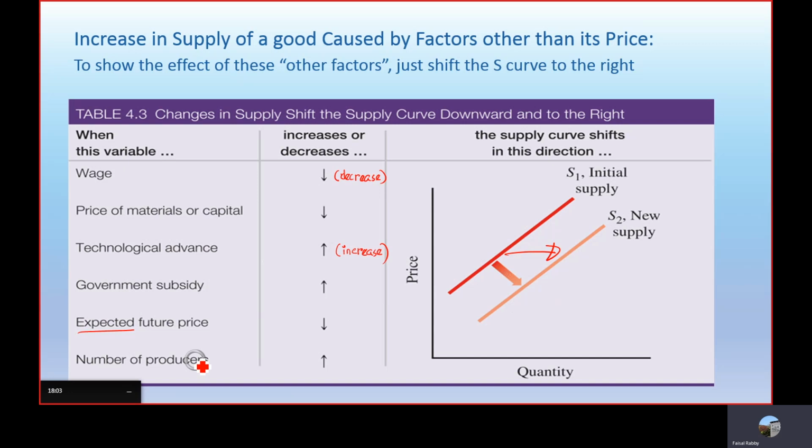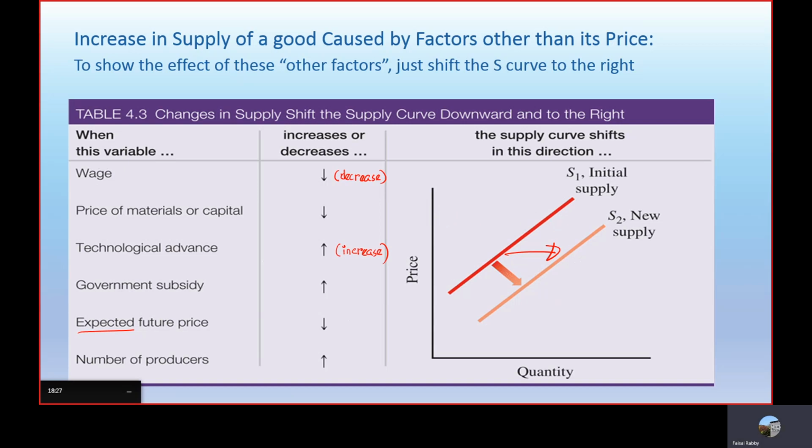If we have more farms, then together they will produce a bigger quantity. So all those things will cause supply to increase. We'll show that by shifting the supply curve to the right. Oppositely, if any of these factors moved in the opposite direction, we would have a leftward shift in the supply curve.